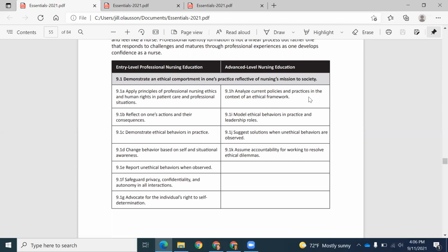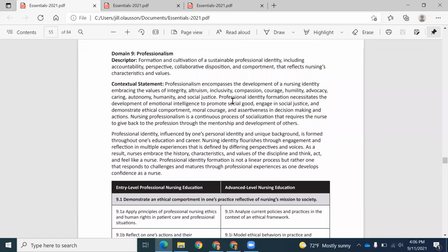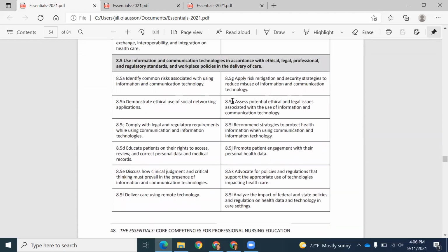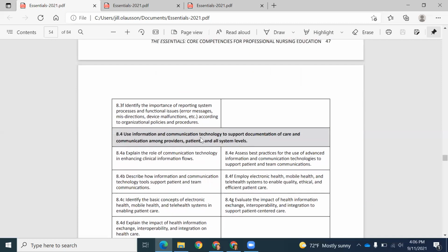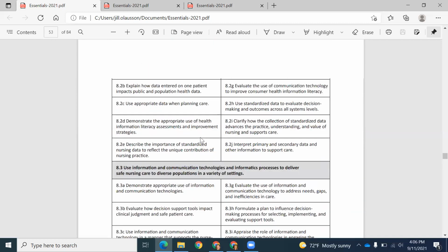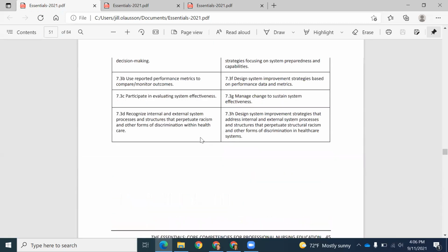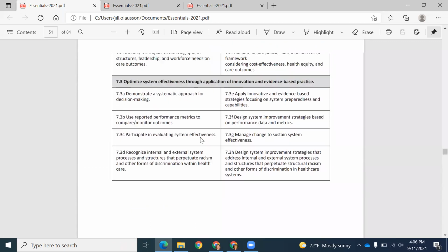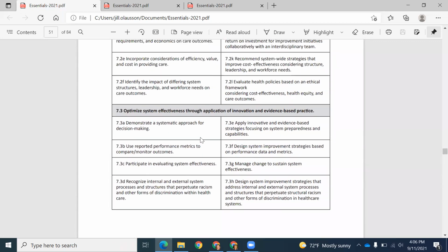Analyze current policy and practices in the context of an ethical framework. So here, that's just some great competencies that have been written at the appropriate level of Bloom's. So go ahead in there and take a look at those and see if those can help you when writing your course outcomes.